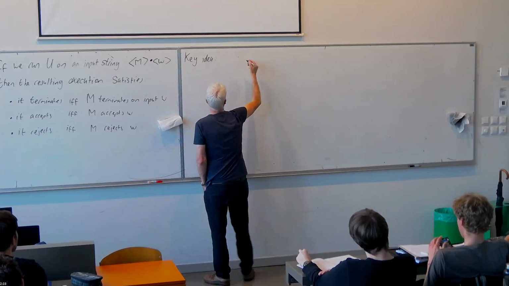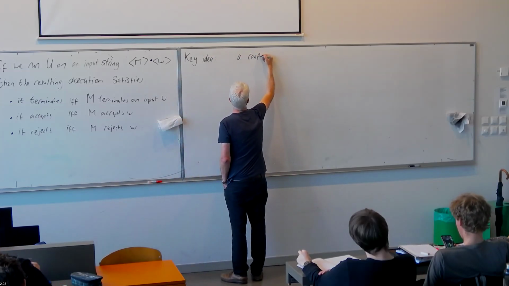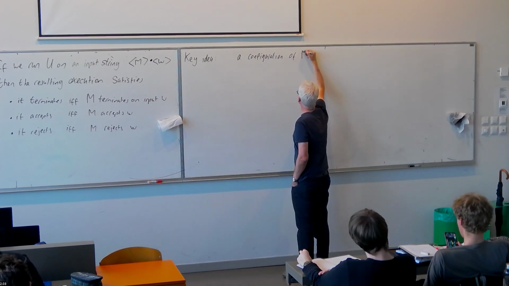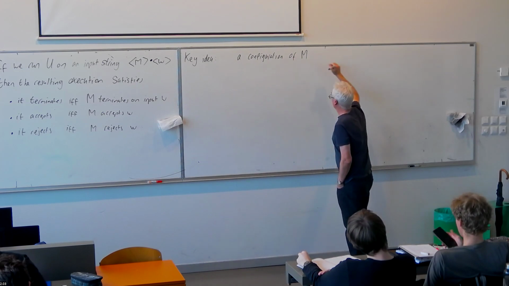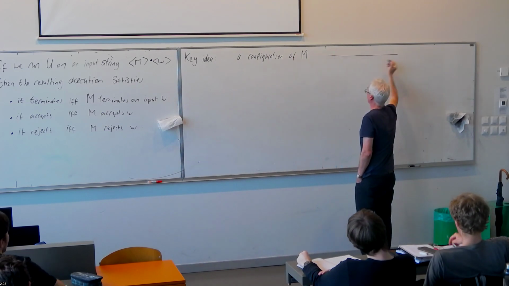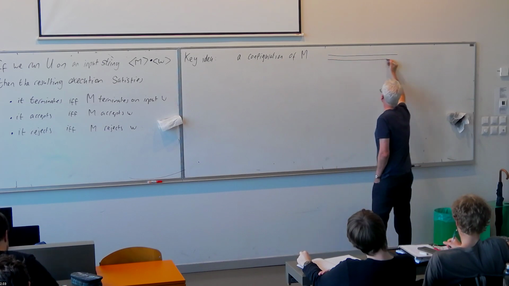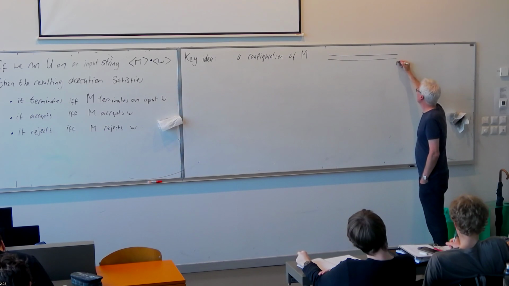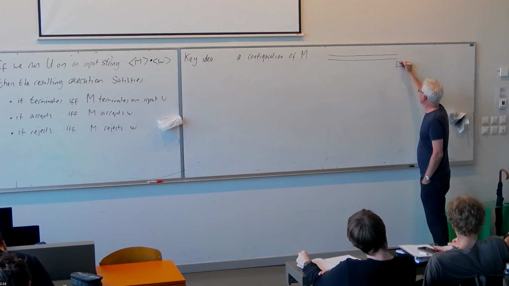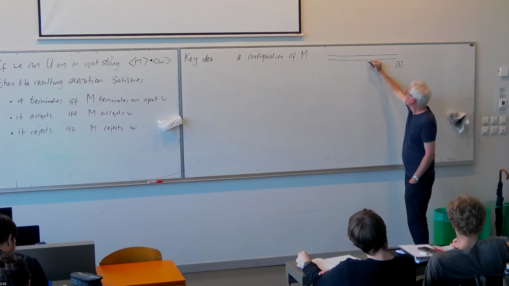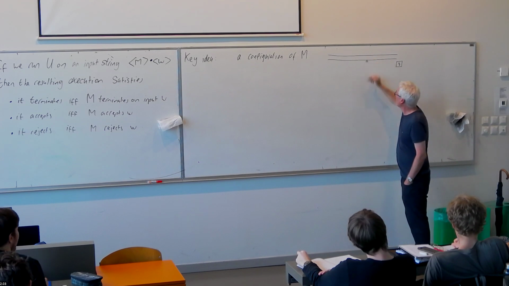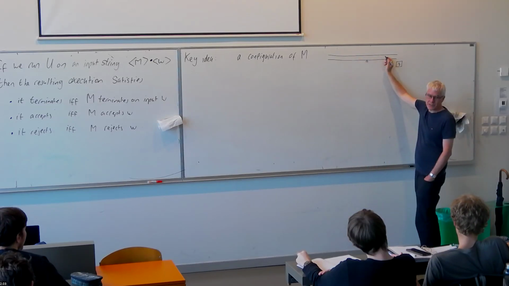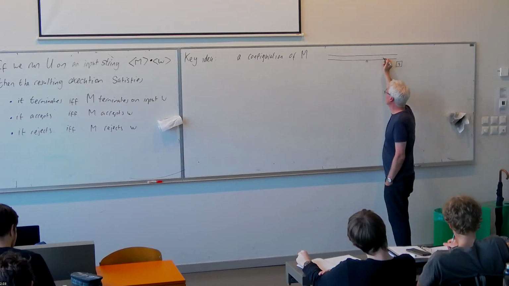The key idea is a configuration of M. M is a single tape machine. We were encoding single tape machines. The configuration of M is going to involve the control state it's in, the position of the tape head, and some portion of the single tape that's not blank.